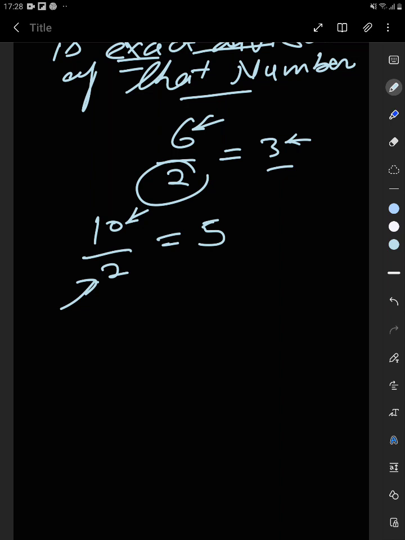Now we will see that there are some properties also of these factors. We will start with them one by one.